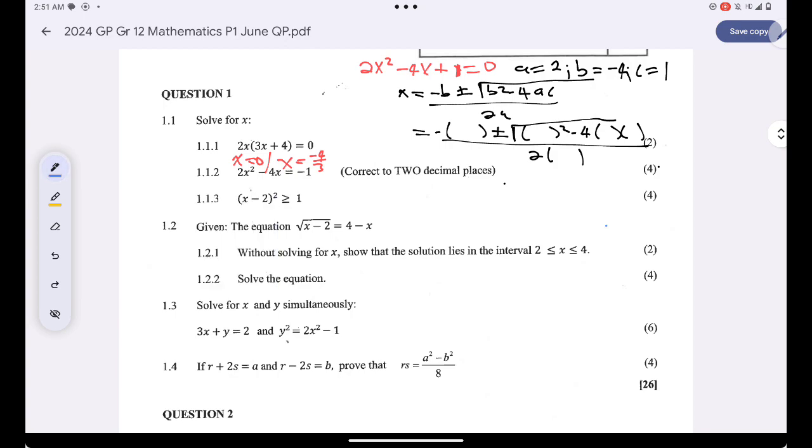Okay, the value of b is negative 4, a is 2, c is 1. Then all I need to do is to find my x values.